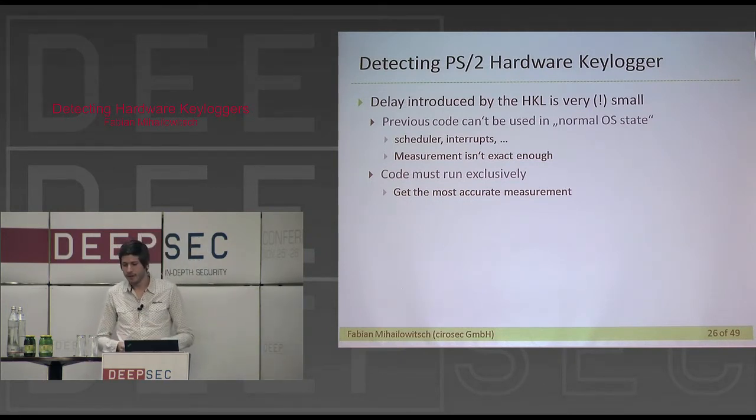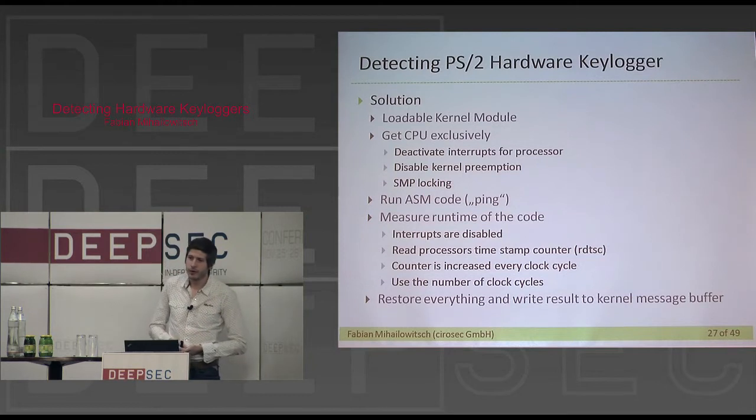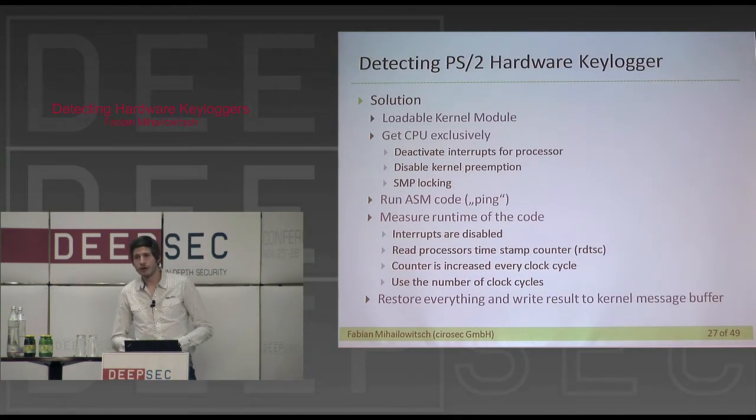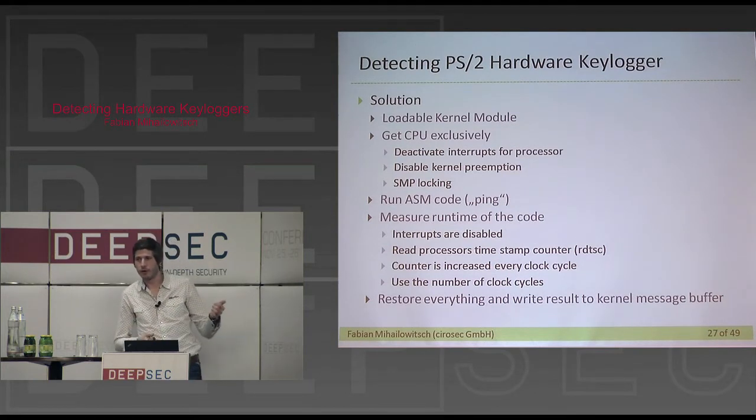What I did is I wrote a small loadable kernel module for Linux and tried to get the CPU exclusively. Therefore, I disabled kernel preemption, I disabled interrupts for the processor, I got the big kernel lock, and all kinds of things just to get the CPU exclusively and then run my assembler checking code I showed you on the previous slide.